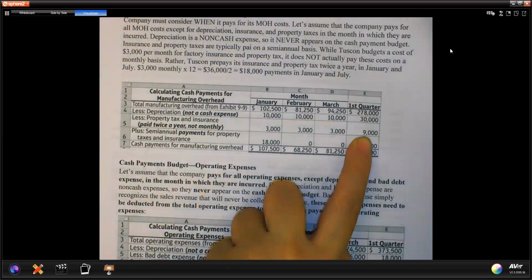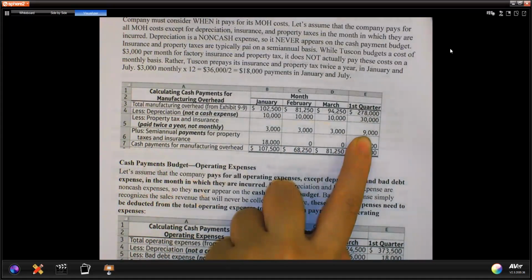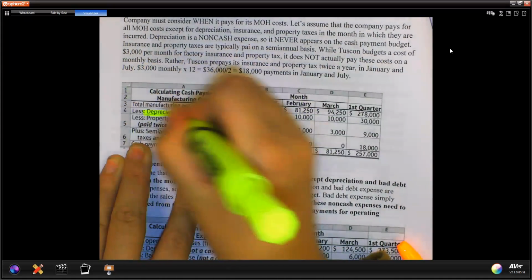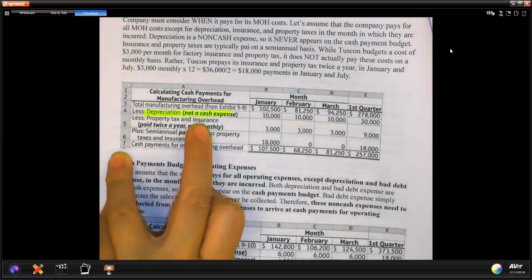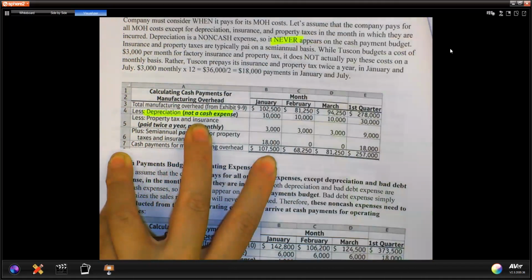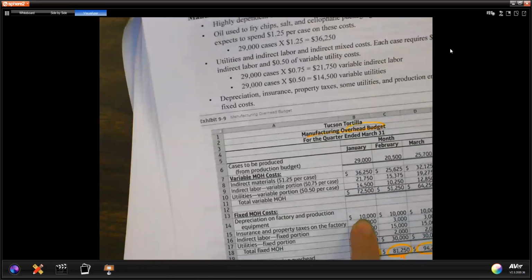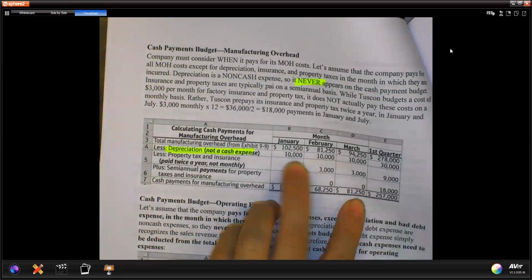But when we do our cash payment, we have to make an adjustment. First, we decrease the depreciation because that's not a cash expense. It will never show in our cash payment budget. From the table, you found out the depreciation every month. You added 10,000 as the expense, but it is not cash, so you have to add that 10,000 back.